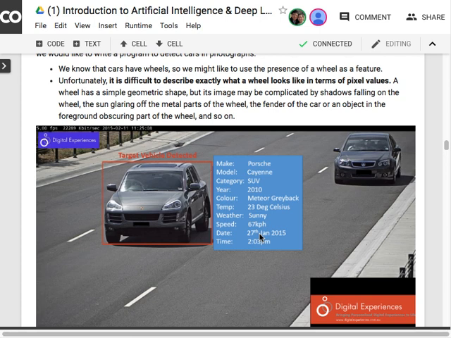Something like a car. We want to create a model that is able to do object detection, car object detection in pictures.